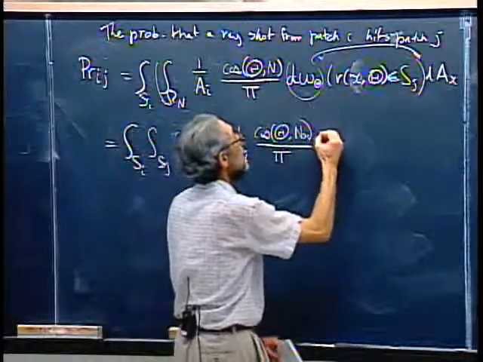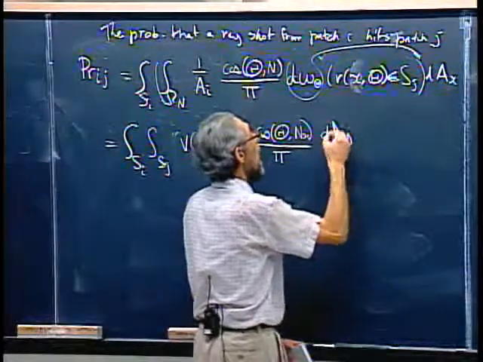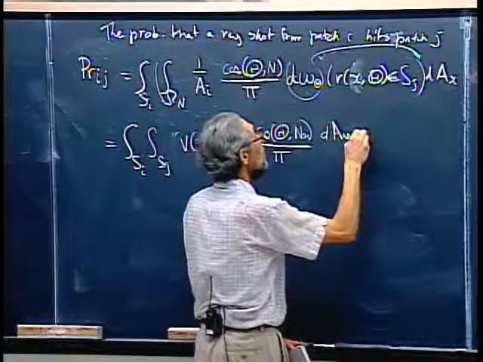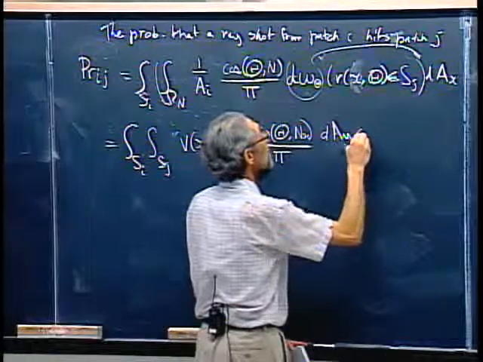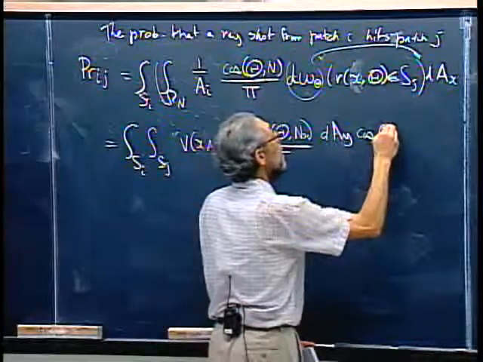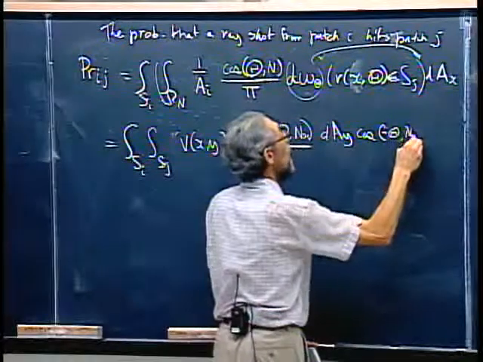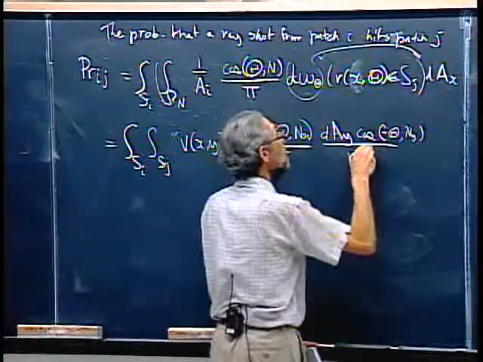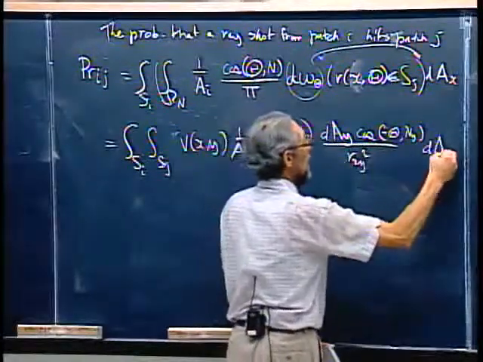This d omega is dAy times cosine of, I guess it's minus theta ny over r xy squared. That's this solid angle, and then we have dAx.